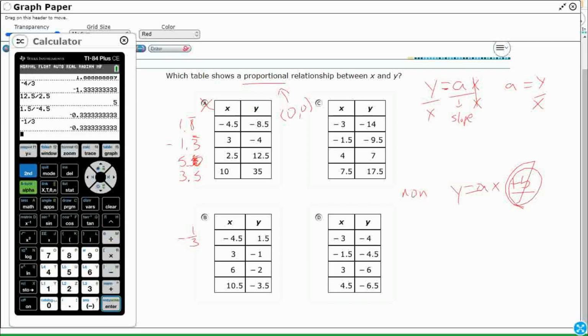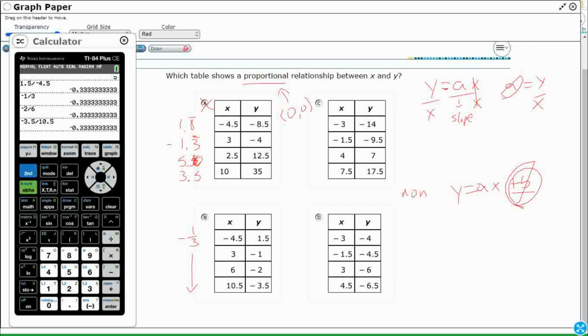And then negative 2 divided by 6, I like it. And negative 3.5 divided by 10.5. There we go. All right, so B is definitely looking like it could work. That's what a proportional relationship looks like. Every y over every x has that same a value, that same slope, negative 1/3.